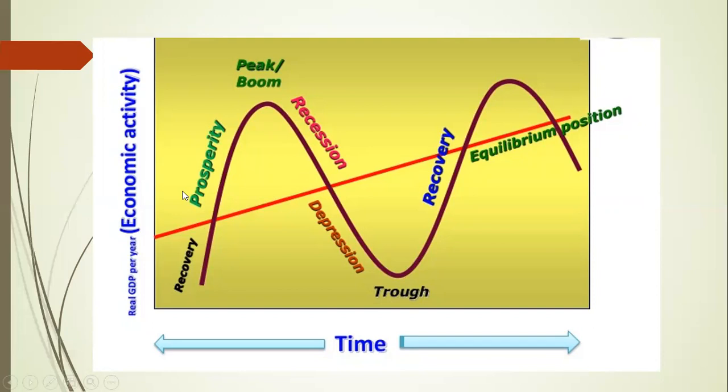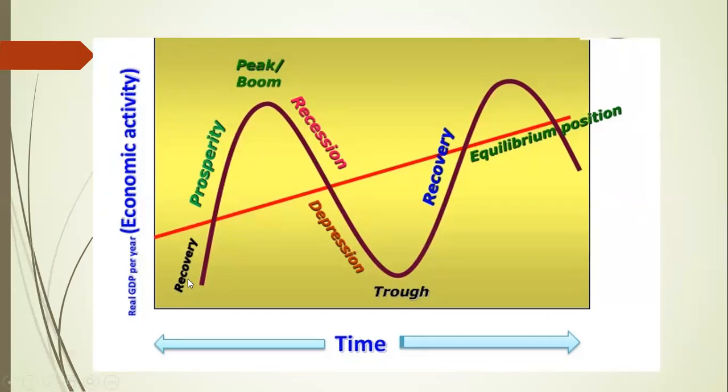All these phases we will see as we learn the business cycle here. We will see how prosperity comes, how boom is reached from prosperity, and what happens at the boom so that recession starts, and if we do not take care of the recession, how the economy will go into depression. All those things we will discuss in this lecture. So let's start.